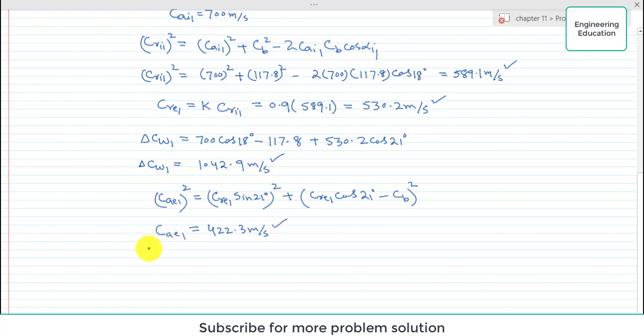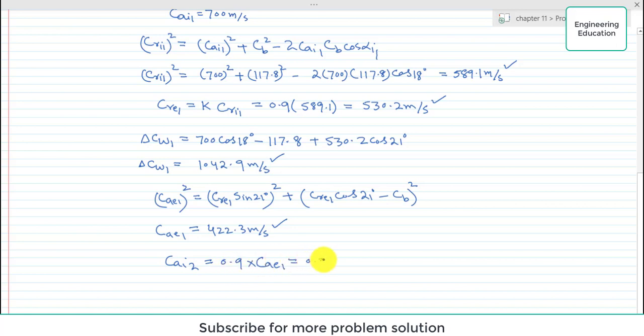Similarly, to find the value of CAI2, that is equal to 0.9 into CAE1. K, this is the value of K, which is blade velocity coefficient.